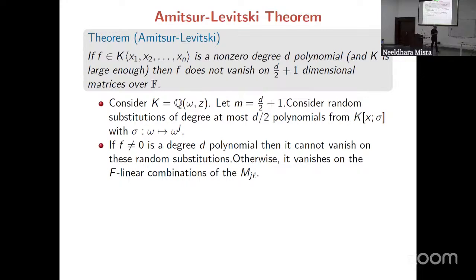If K was that field, then I just need to substitute random scalar matrices from over K, and of course I'll make the choices finite like we do in the Schwartz-Zippel lemma for every variable, and I'll get a scalar substitution which over the field K says that the value of the polynomial is non-zero. I'll get the evaluation on that random matrix substitution, an m by m matrix with non-zero entries in it. What I can do is take that matrix and write it in this division algebra basis which we just computed.